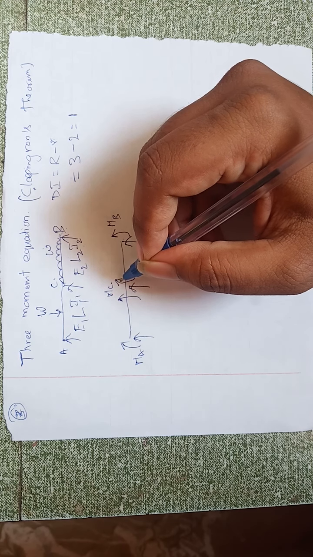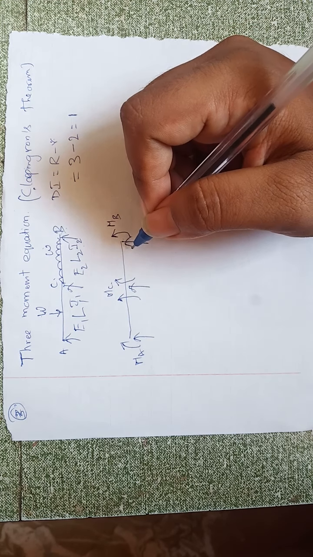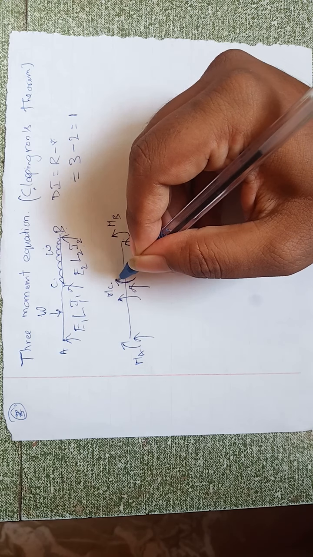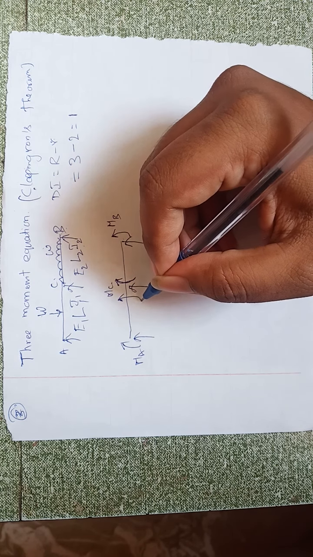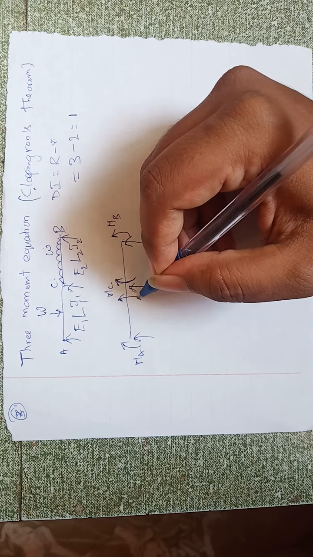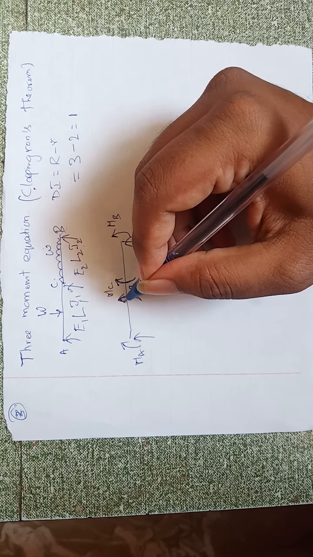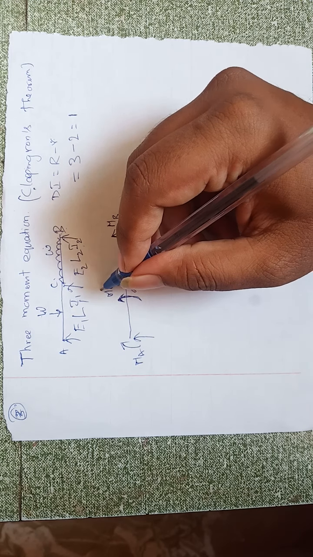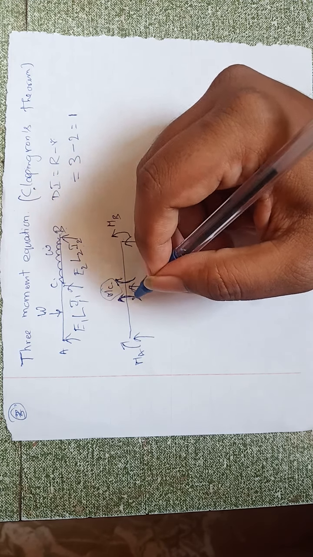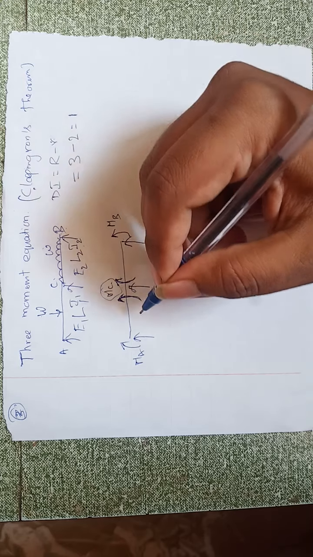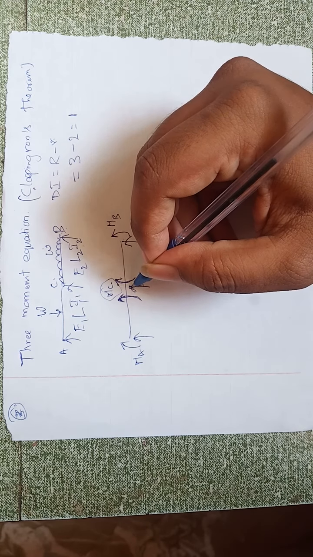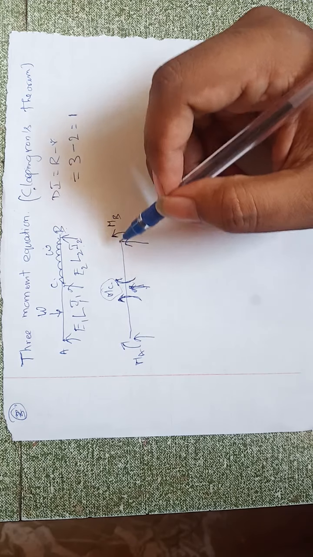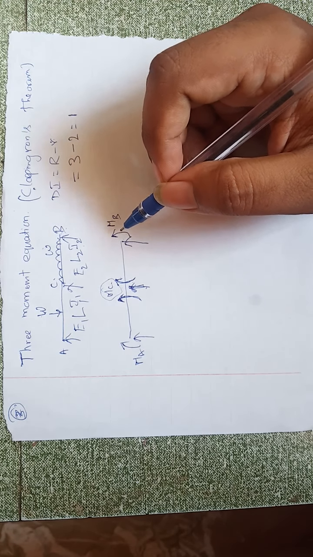You can see that for the second span the moment is in anti-clockwise direction, and for the left side it is clockwise. So both the magnitude is same, that is MC, but the direction differs for left side and right side. So this is a support reaction. These are called the fixed end moments.